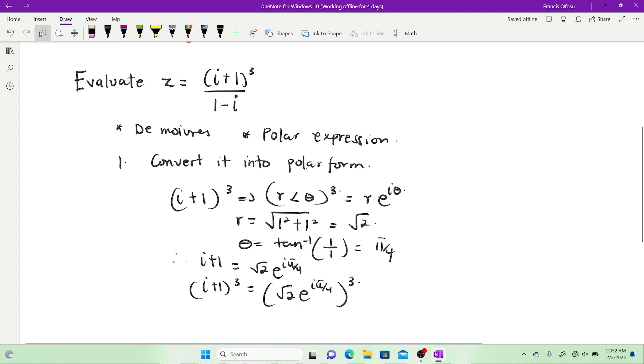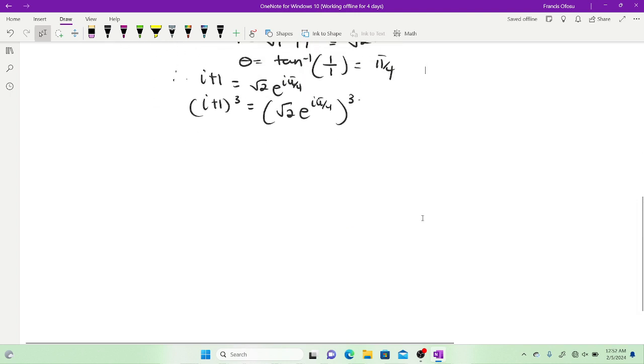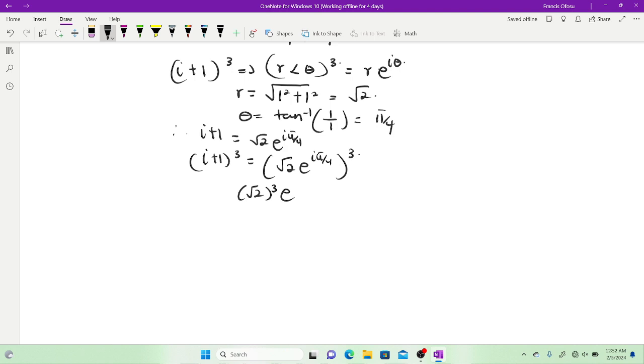So at this point, let me simplify the expression. We are going to have square root of 2 to the power 3. Then by de Moivre's theorem, 3 will multiply what we have here. So you have 3 pi on 4 i.